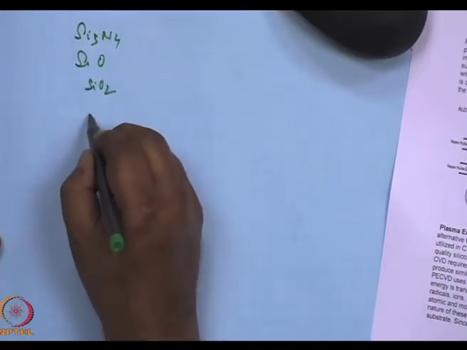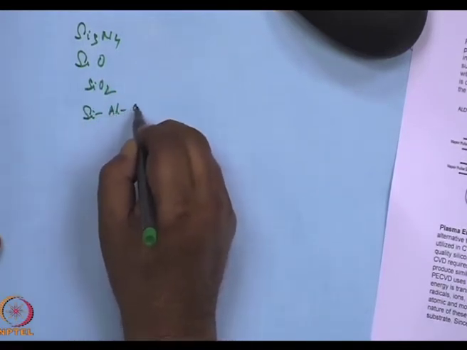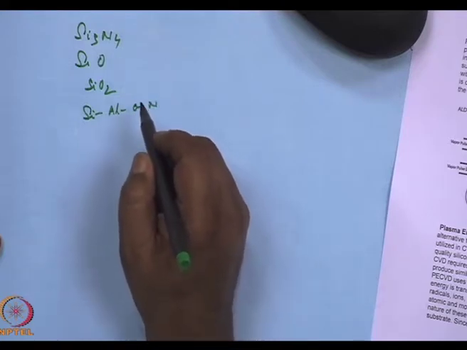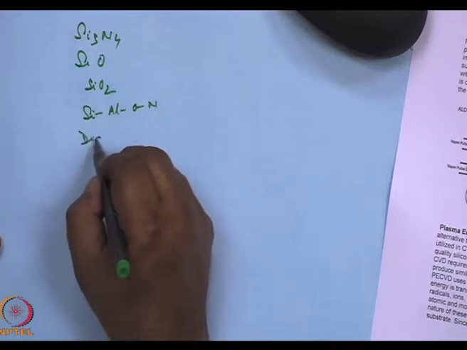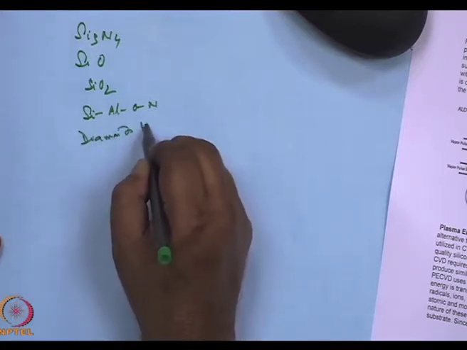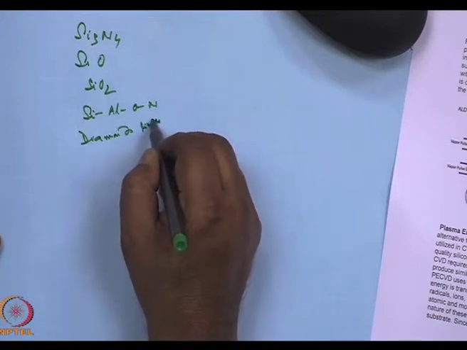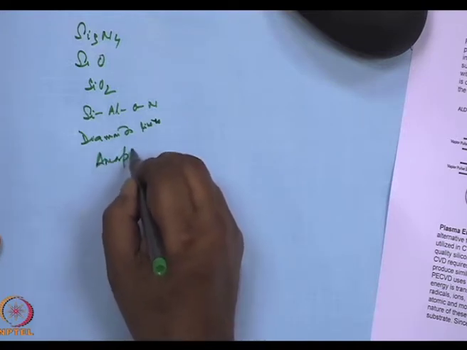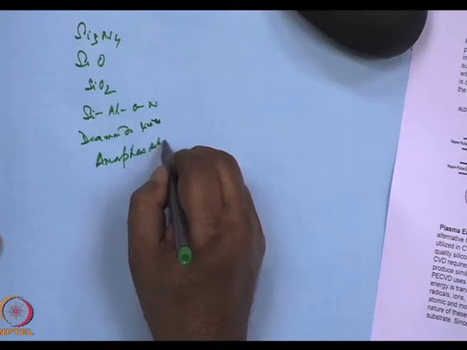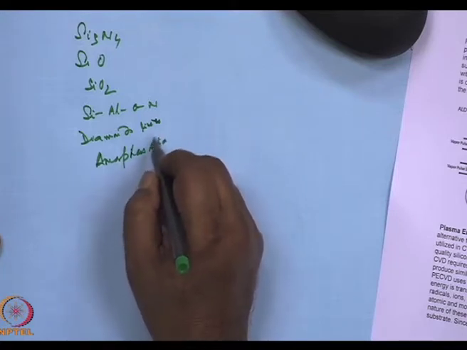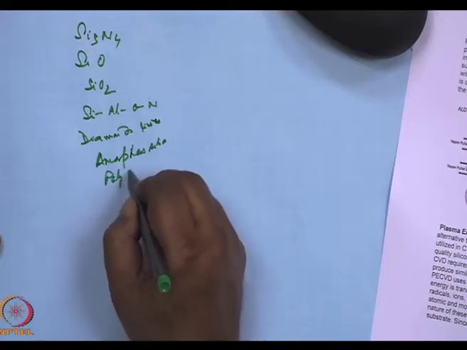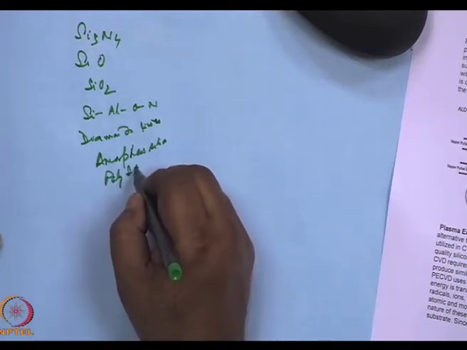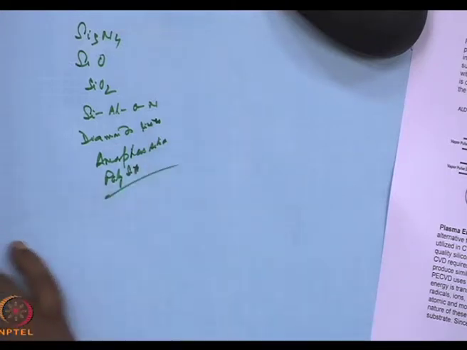SiO2, SiAlON, diamond like carbon, amorphous silicon, polysilicon. These are amongst the many industrial products that have been found.